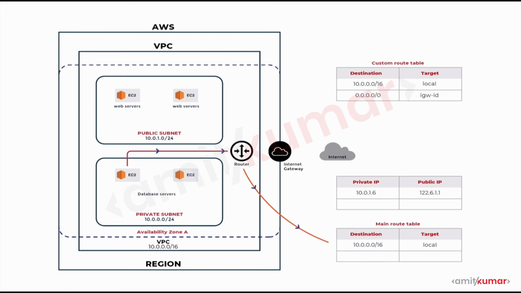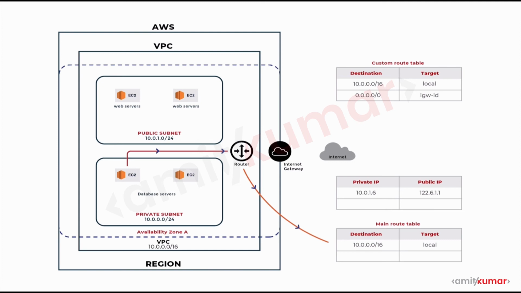But if the destination is anything other than the CIDR range, it doesn't know what to do. So the request doesn't go forward. If an EC2 instance from a private subnet wants to go out of the VPC, it is not possible unless a NAT gateway is used, which is out of the scope of this course.